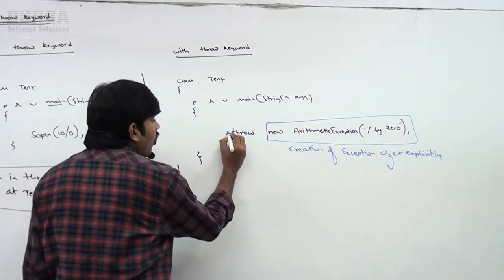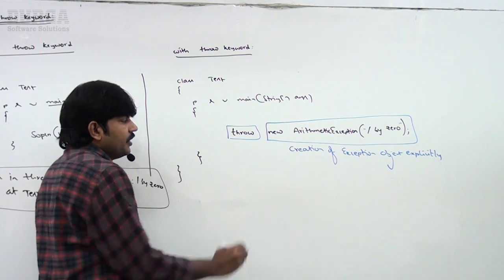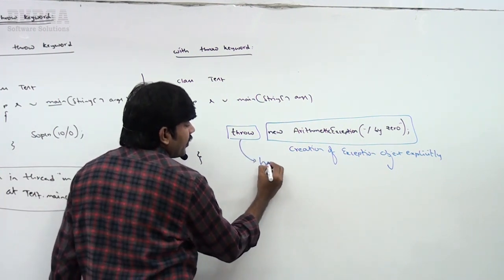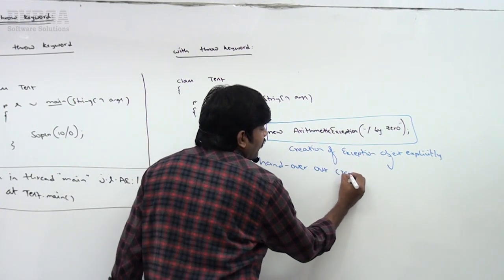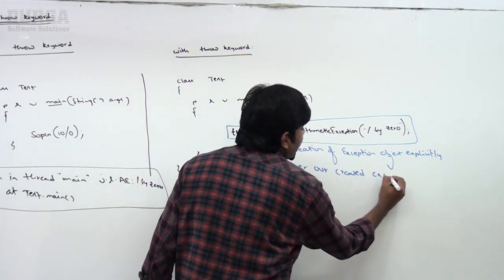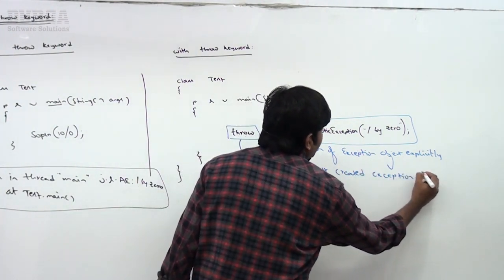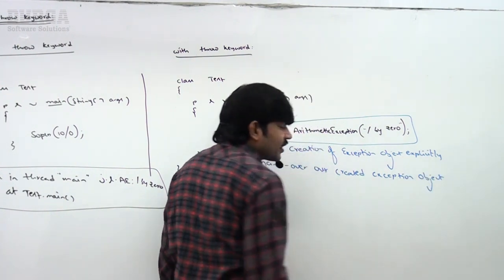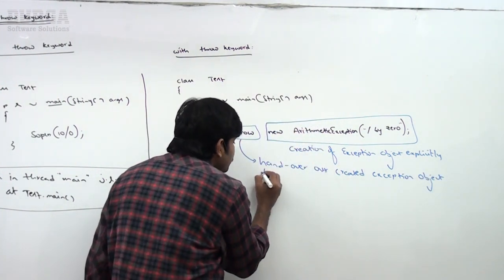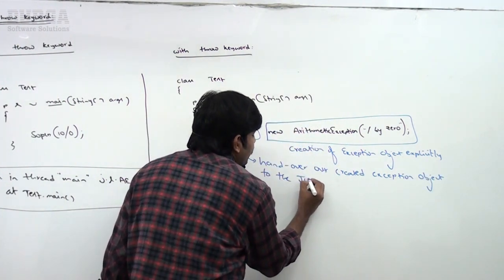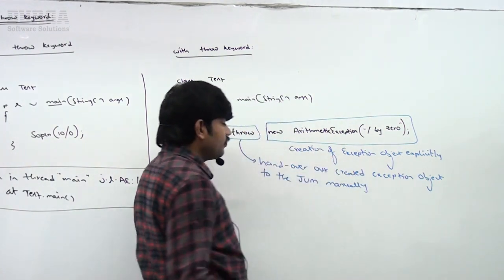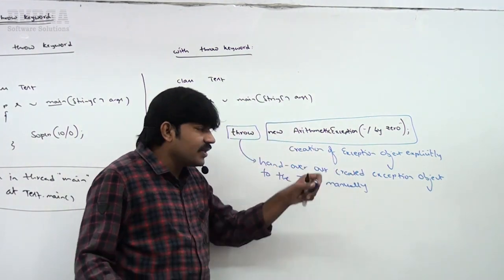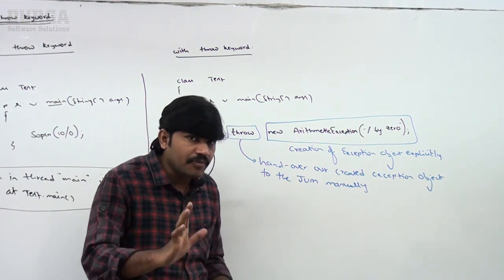Next, what did we do, sir? We handed over our created exception object to the JVM manually. So have you observed? Hand over our created exception object to the JVM manually.